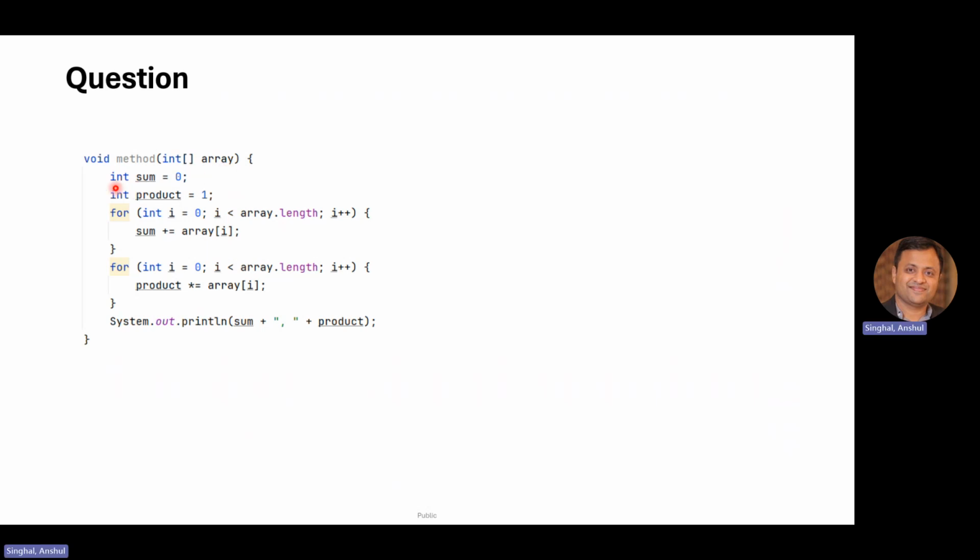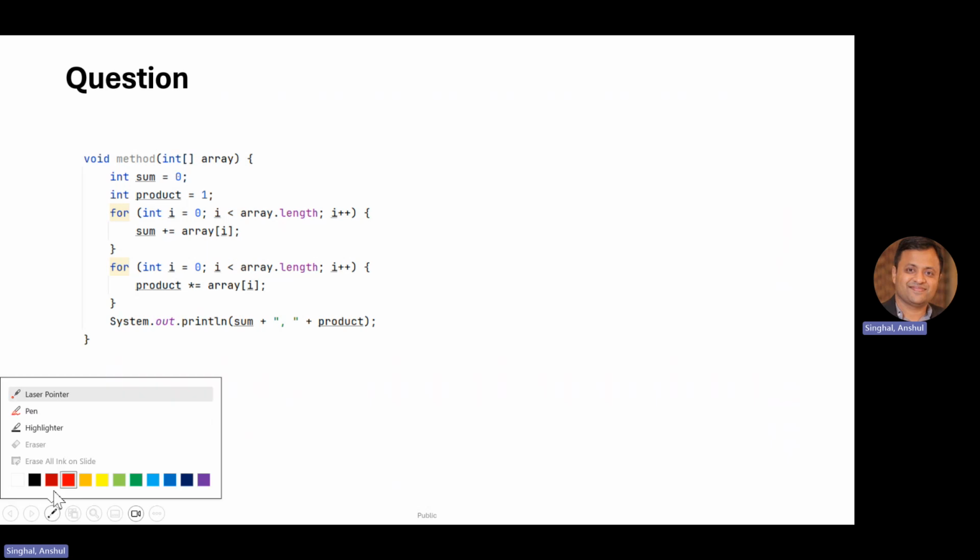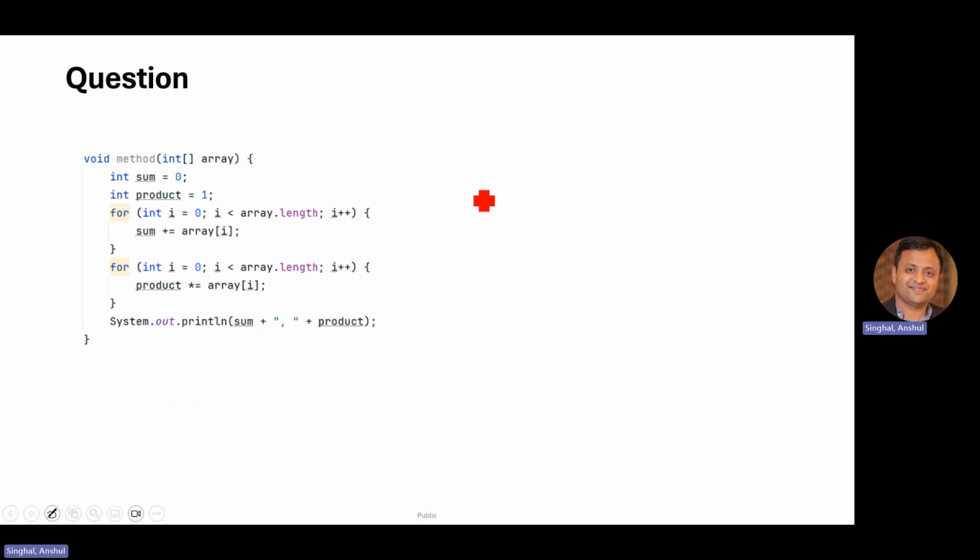What we are doing is initially defining some variables. We have defined a variable sum, then a variable called product, with initial value of sum as 0 and product as 1. Let me take a pen as well.